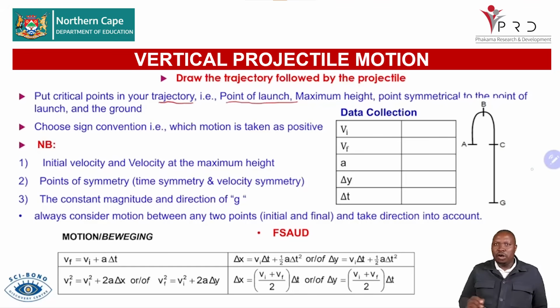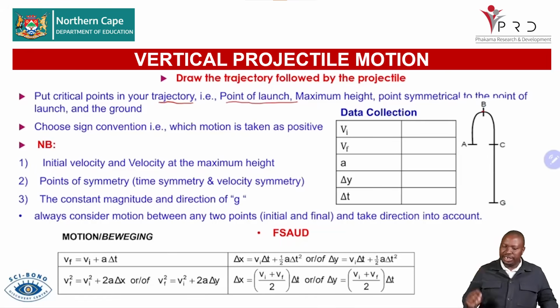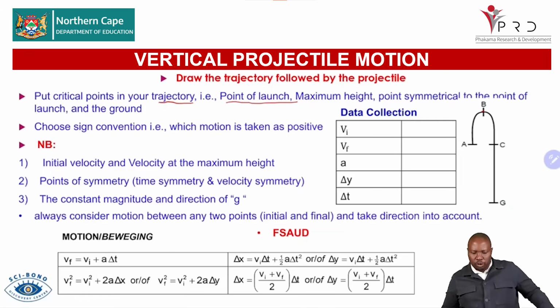So that is the point of launch. So when the object is going up, you know it has initial velocity, and at B there, it reaches maximum height. Those are small things, but we're expecting that you don't make mistakes. You always draw your trajectory, and you make sure that you look for the point of launch, the maximum height, which is our B there, the point symmetrical to the point of launch, which is C.